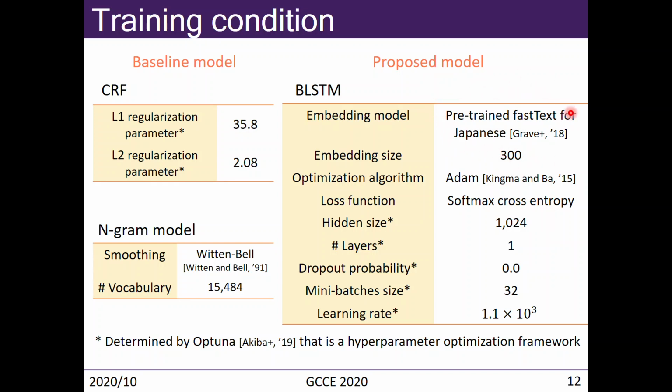The network was trained to minimize the cross-entropy loss using Adam, and the parameters marked with star are determined by Optuna, that is the hyperparameter optimization framework.